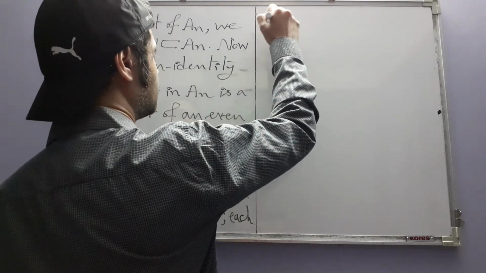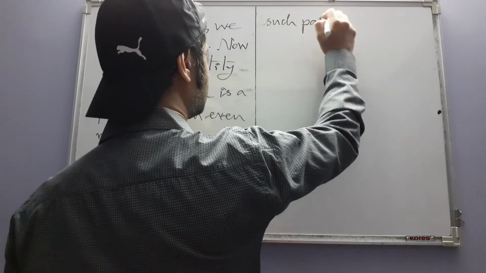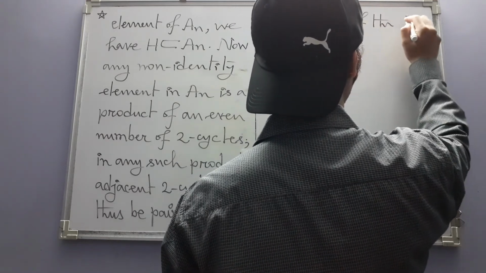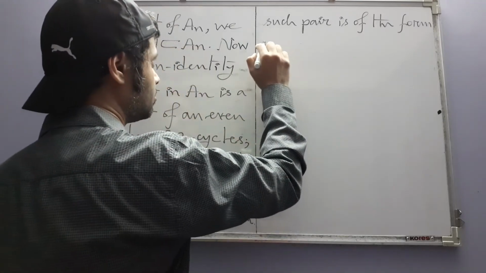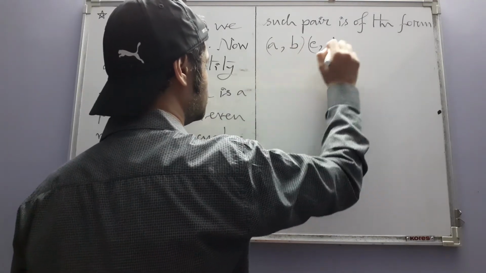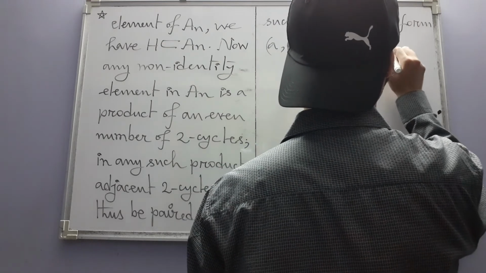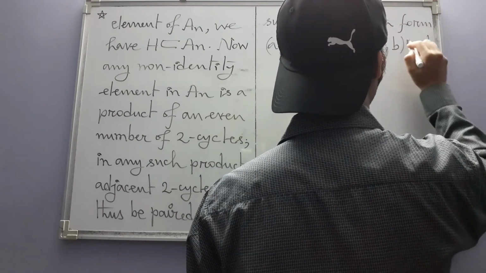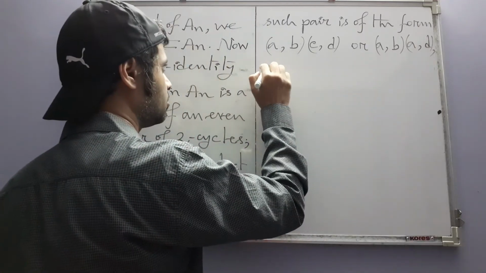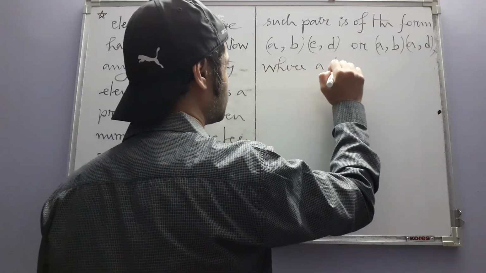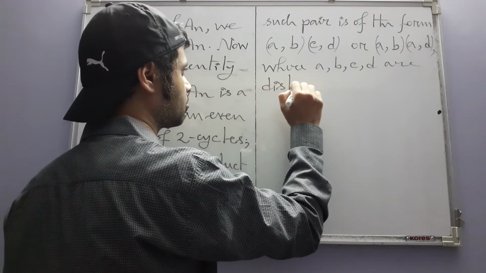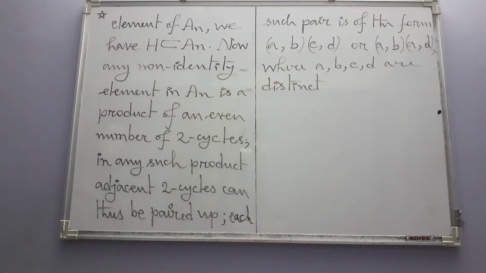Each such pair is of this form: (a b)(c d), or (a b)(a d), where a, b, c, d are distinct symbols.